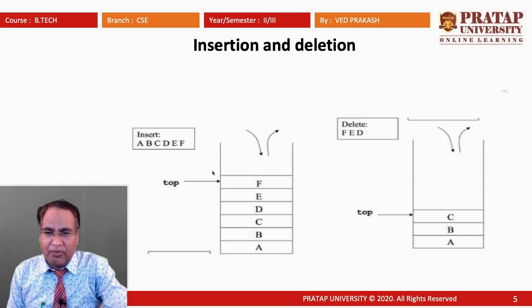When top increases by 1 from the empty state, it gets 0. At this 0 position, we insert the element A. Again, when we want to insert the element B, first top will increase its value and get the index value 1, and at this index we will insert the value B. Similarly, this process continues.